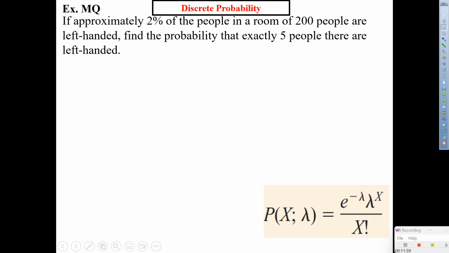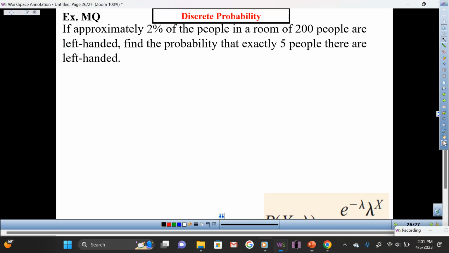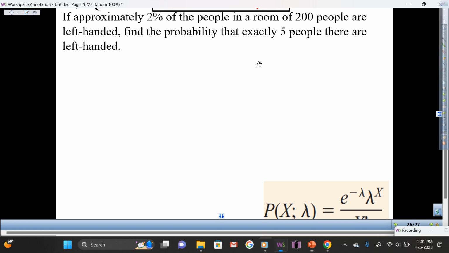Copy this one, example mega cube. Well, actually, this one you don't have to copy. Let's get started with the formula and start writing our items first. And it reads, if approximately 2% of the people in a room of 200 are left-handed, find the probability that exactly 5 people are left-handed.